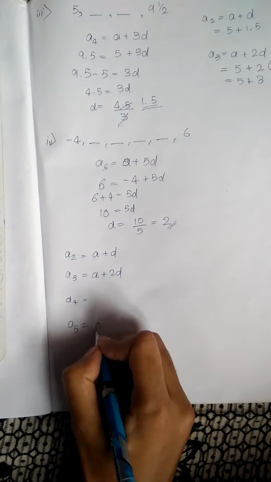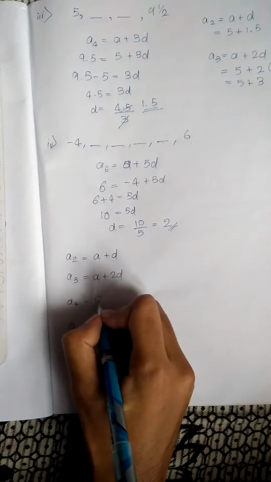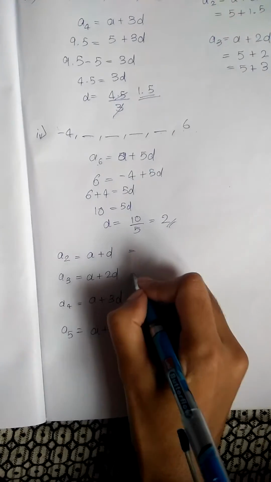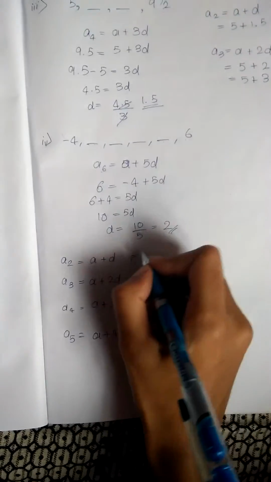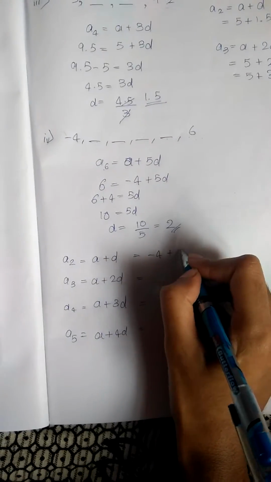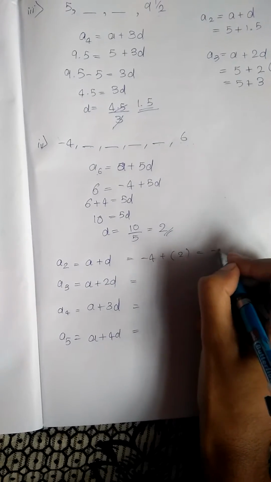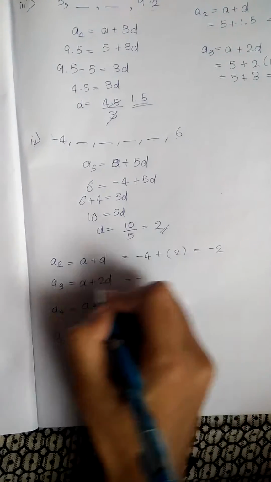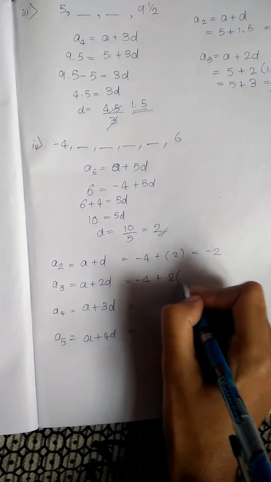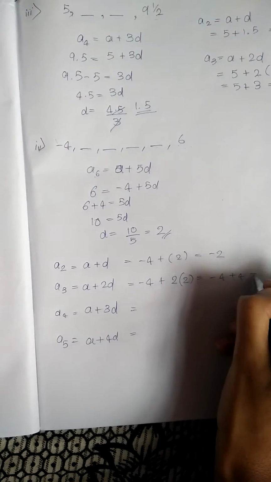The fourth term is a plus 3d. The fifth term is a plus 4d. a, I know it as minus 4, plus d is 2. So minus 4 plus 2 gives me minus 2. In the third term, a is minus 4 plus 2 into the common difference, which is 2. Minus 4 plus 4 is 0.